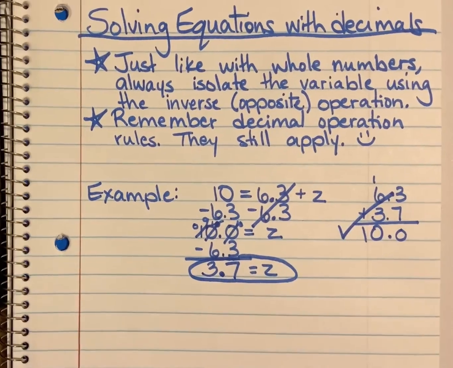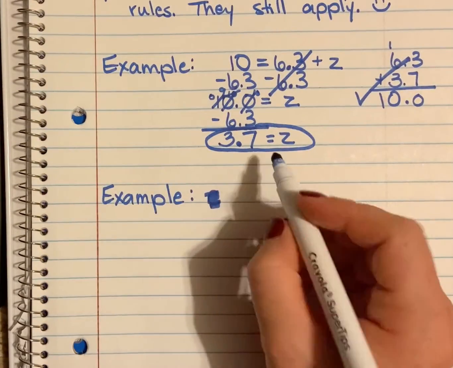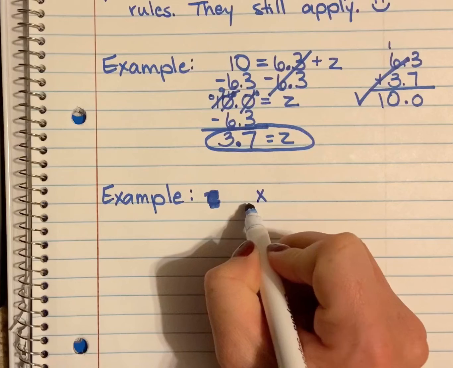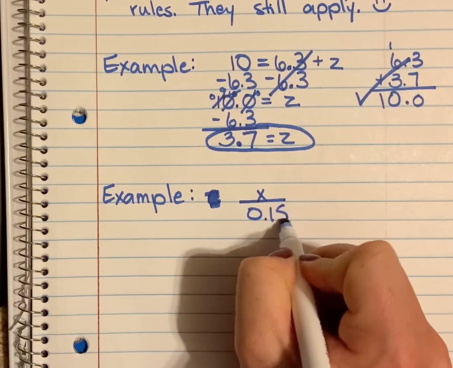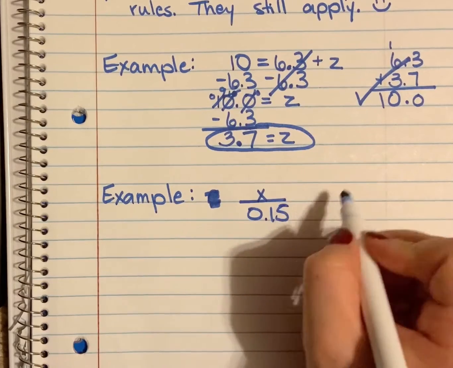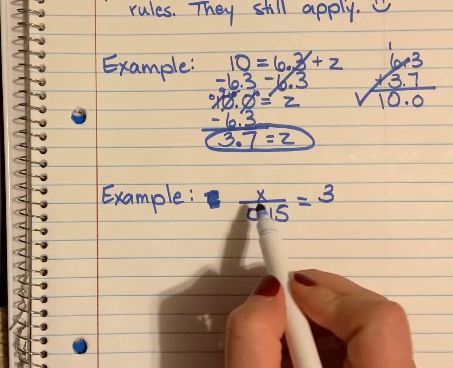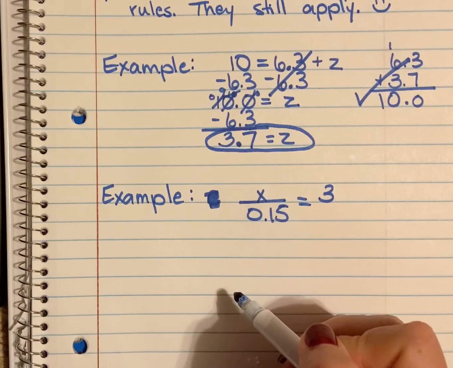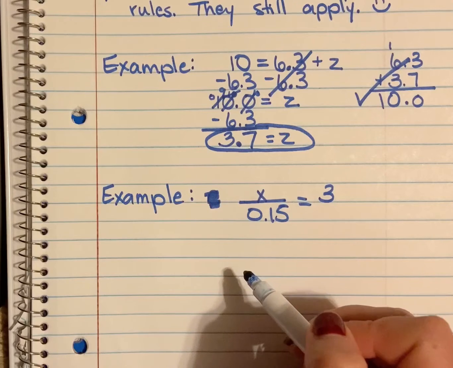Let's do another example. Let's choose the variable x over 0.15 is equal to 3. We know that this is showing division, and the inverse of division is multiplication.